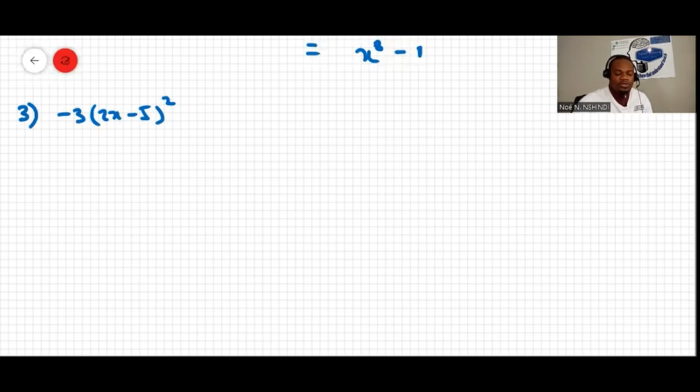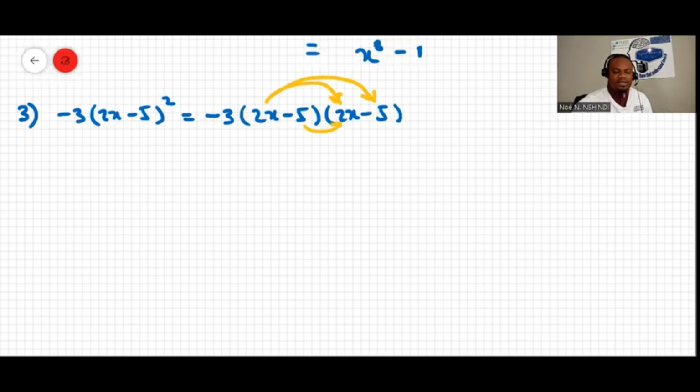I know you can split it into -3 times (2x minus 5) times (2x minus 5), and then expand, do this times that, this times that, this times that, and this times that, and then multiply again by -3.